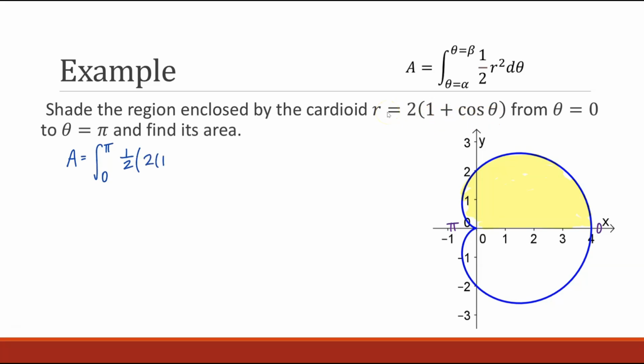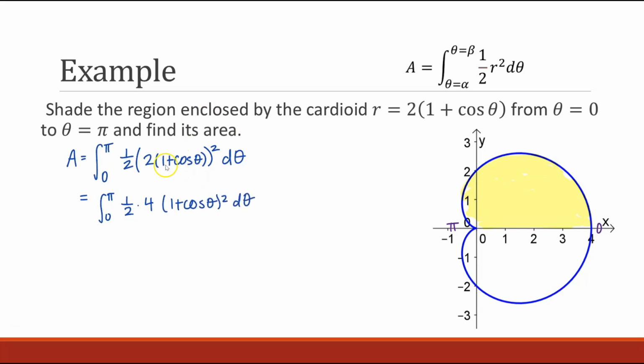So we have 2 times 1 plus cosine theta, all of that is going to get squared, d theta. So this is the integral that I need to evaluate to find the area. So let's go ahead and simplify it a bit. So here we're going to have the integral from 0 to pi of 1/2 times 4 times 1 plus cosine theta squared d theta.